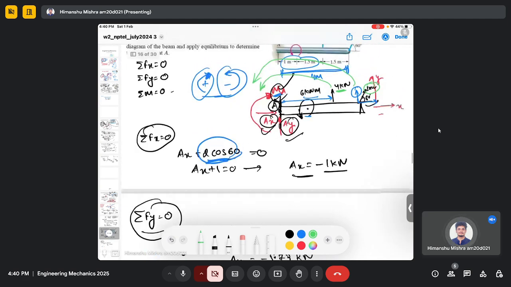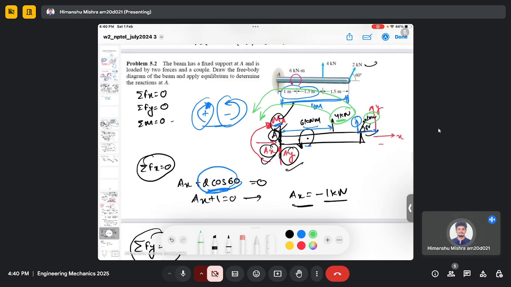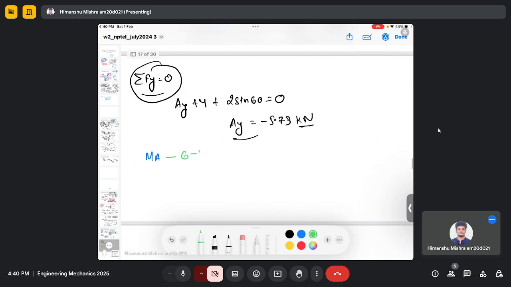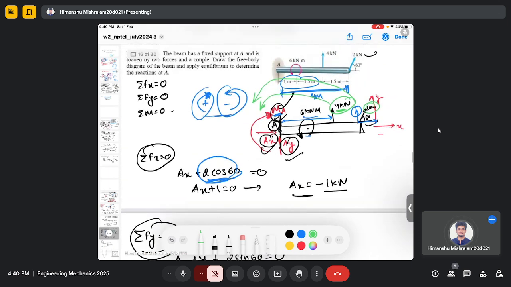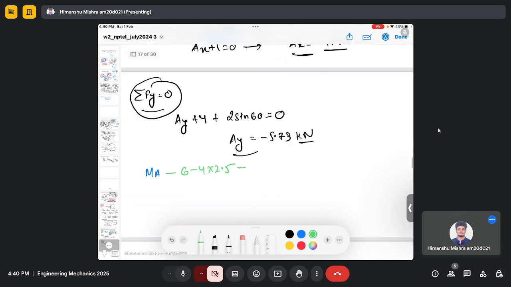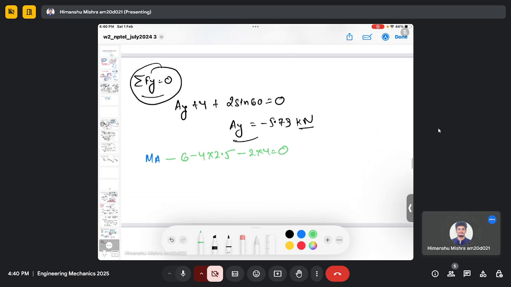Then due to the 4 kilonewton force, it is minus 4 multiplied by 2.5. And there will be a moment due to the vertical component of this, and it will be minus 2 multiplied by 4, and this all should be equal to 0 for equilibrium.